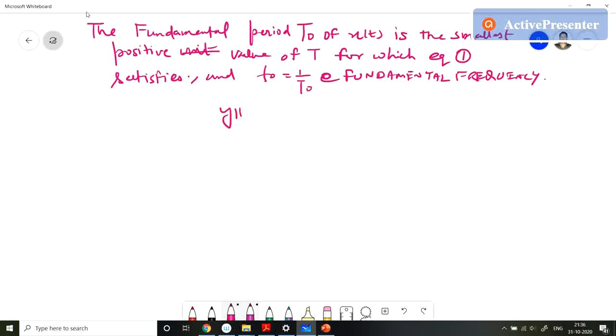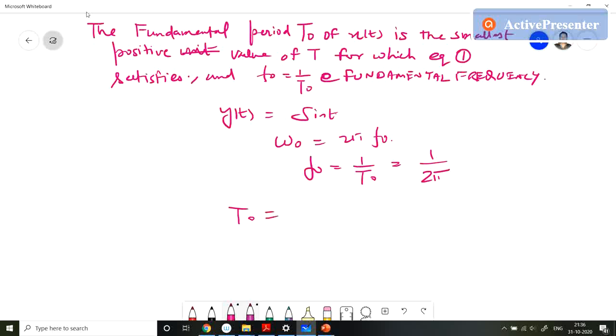So if we have y(t) = sin t, then the fundamental frequency is omega naught = 2 pi f naught, and f naught is basically 1 divided by T naught, which is 1 divided by 2 pi. So the time period is 2 pi.